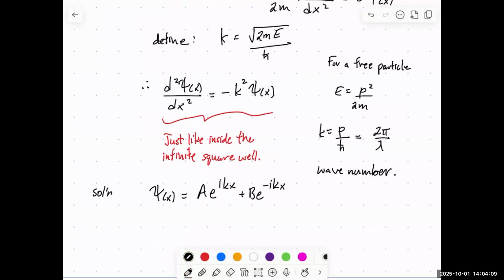You can see that it's a solution because if I take one derivative, I get an ik down, or a minus ik. If I take a second derivative, I get i squared k squared. Over here, the minus signs cancel, so I still get i squared k squared. The i squared gives me my minus factor here, and the k squared comes from here. So it is indeed a good solution.